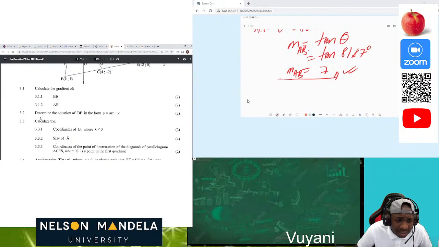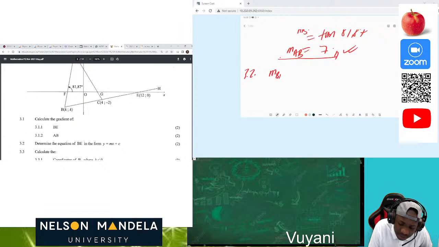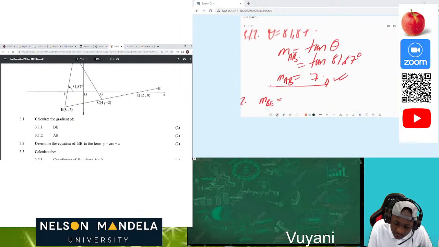Now, determine the equation of BE in the form y equal to mx plus c. That is 3.2, sorry. On 3.2, determine the equation of BE in the form y equal to mx plus c. So in the line BE now, what do we know? We know that the gradient of line BE, which we calculated initially, is equal to 1 over 4.